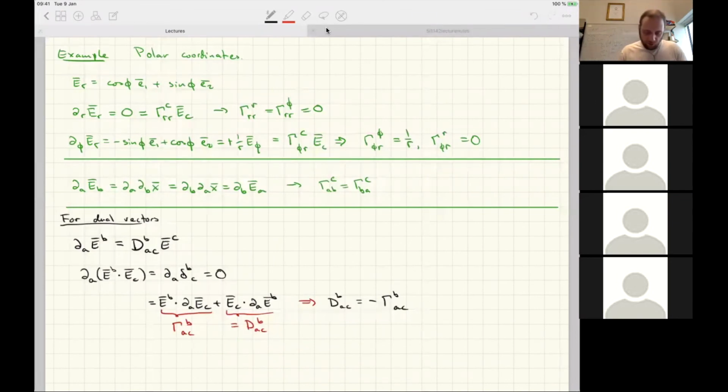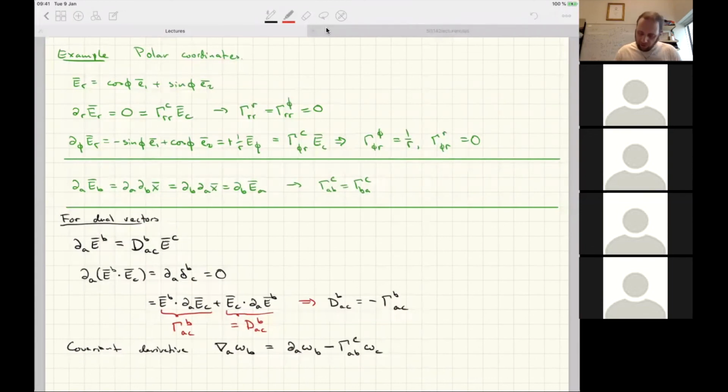So if you want to take the covariant derivative of a dual vector component, say nabla A, let's use omega, this is equal to dA omega b, and then minus gamma a, b, c, omega c.